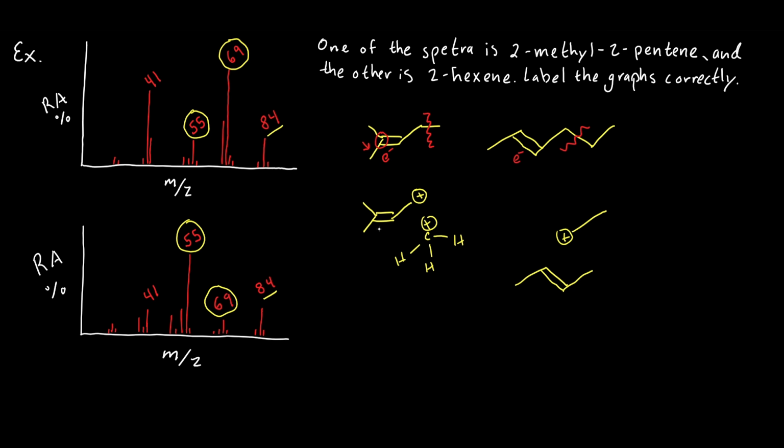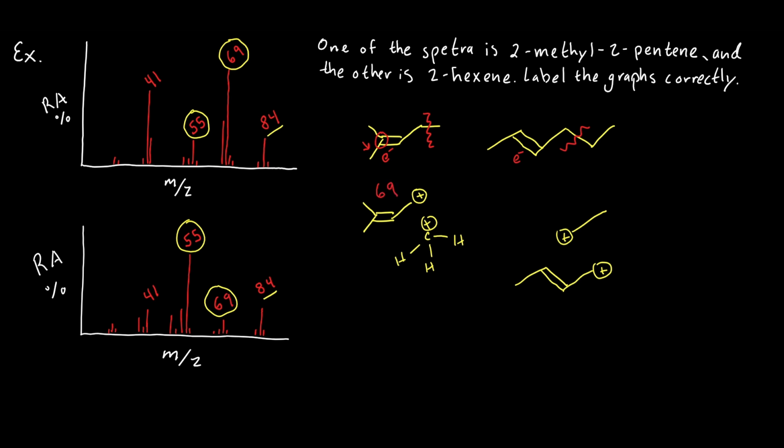If we look at the masses of these, we lost 12 plus 3, so we lost 15 from our 2-methyl-2-pentene, so this will have a mass of 69 as our most favorable fragment.